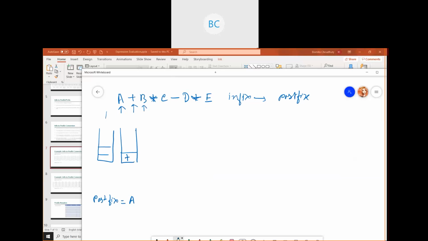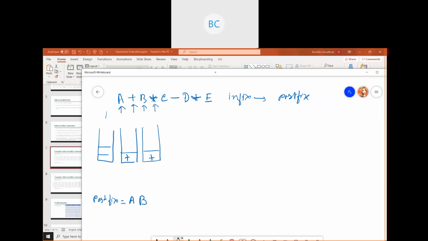So the next symbol is B. The moment you see the B, you will put it in the postfix portion. Okay. Now we still cannot do any operation because we don't know what is after B. Whether it will be an operator or operand, we are not sure here. So we will do nothing here. We will simply move to the next.